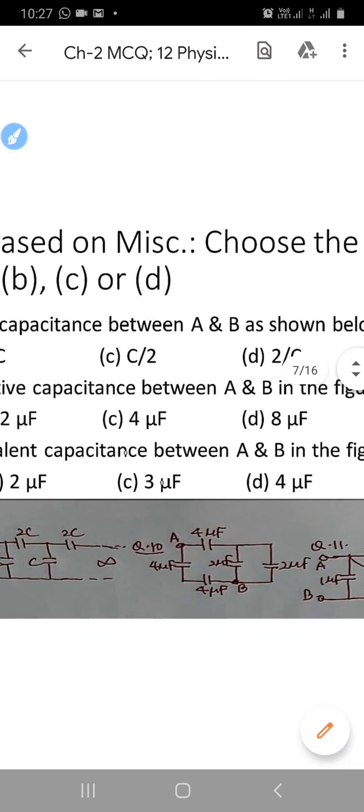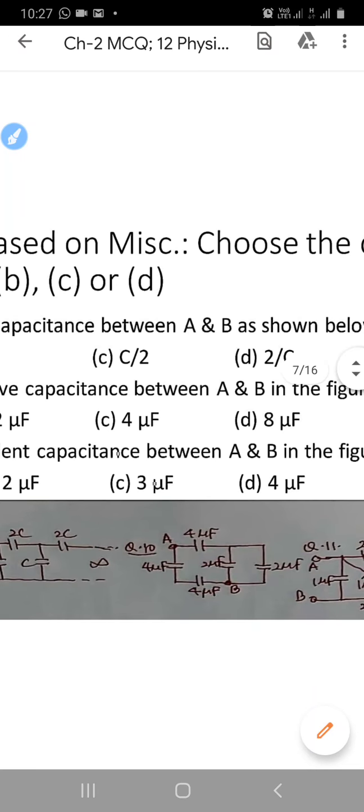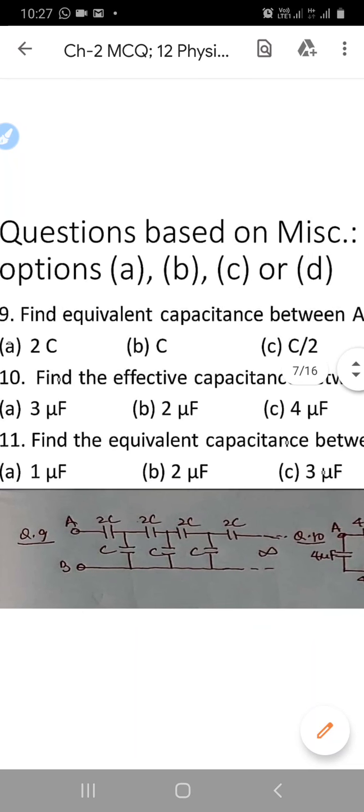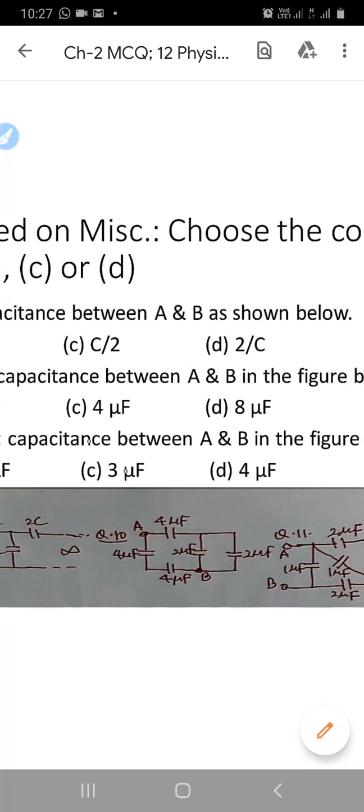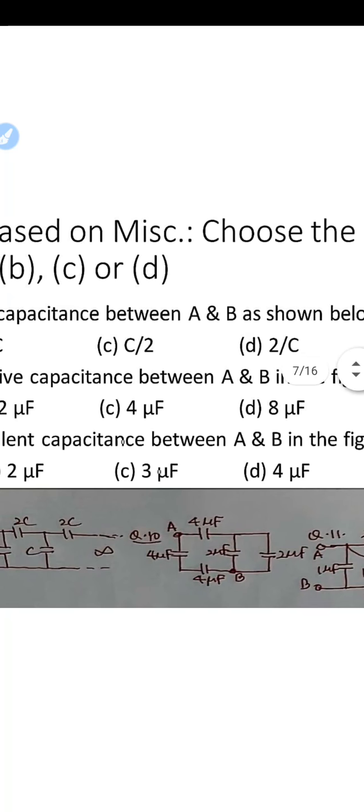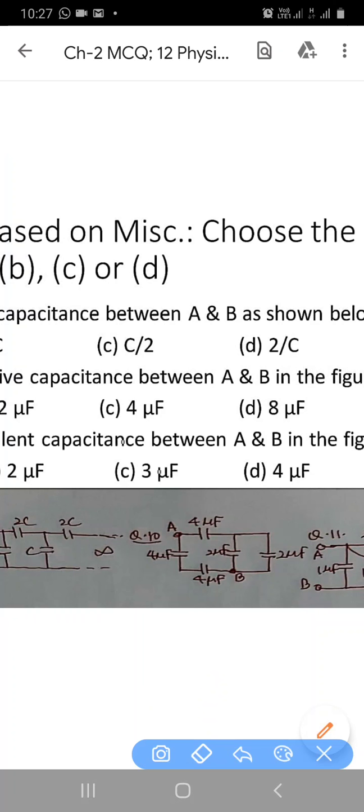Find the effective capacitance between A and B in the figure below. Options: A 3 microfarad, B 2 microfarad, C 4 microfarad and D 8 microfarad. This question you see here, between A and B, question number 10, here in this one we have to find.